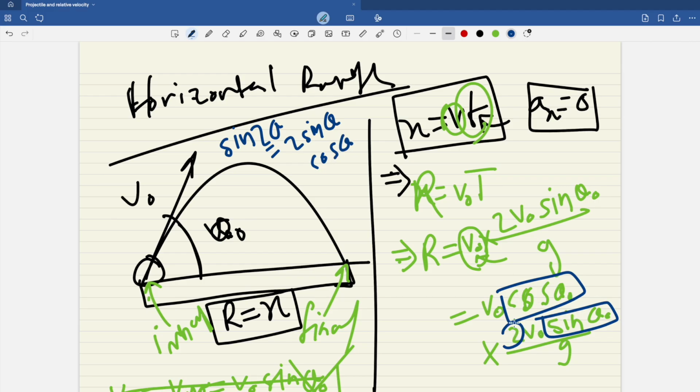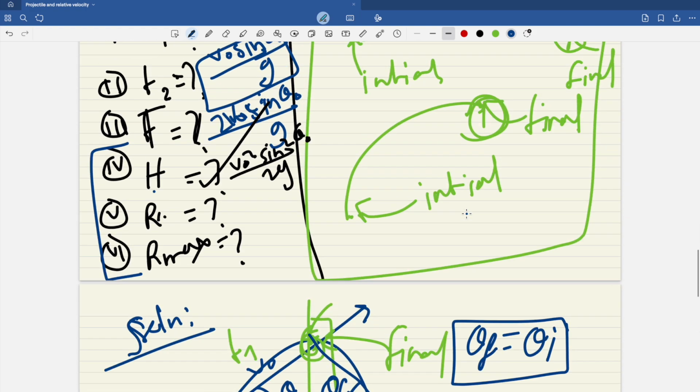So taking these, we can turn it into sine 2 theta naught, and what remains is v naught square, and the g remains the g. So this is the formula, v naught square sine 2 theta naught divided by g. So we got our horizontal range.